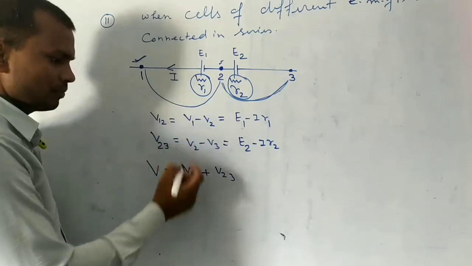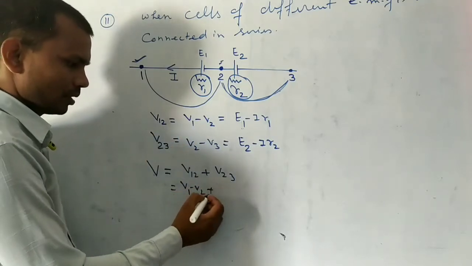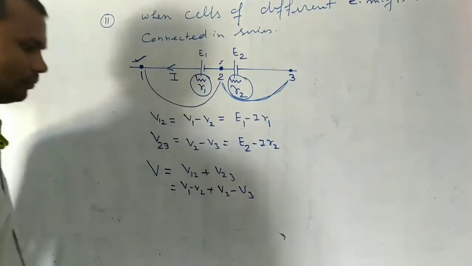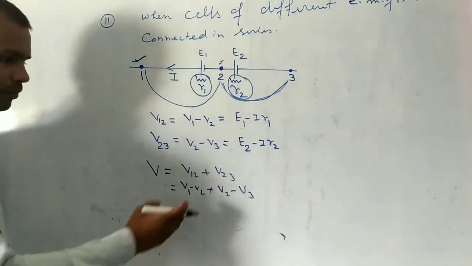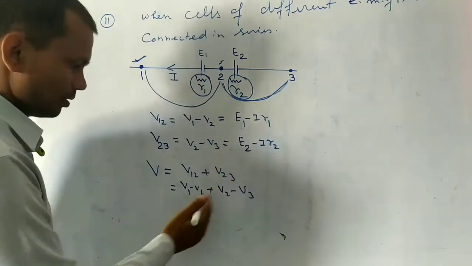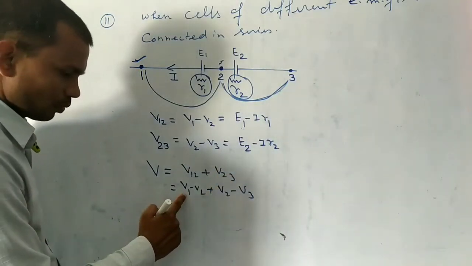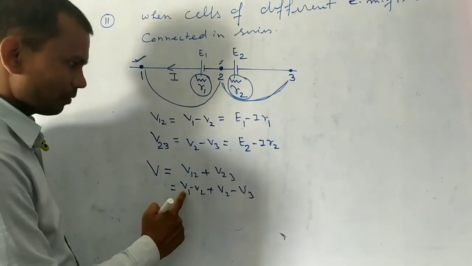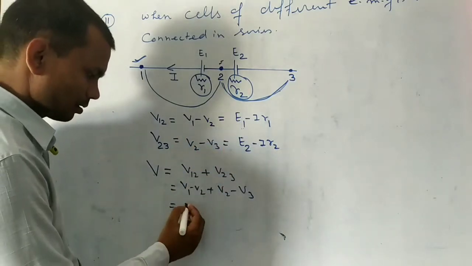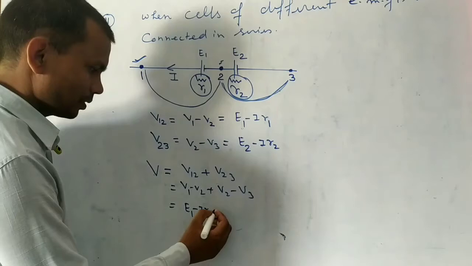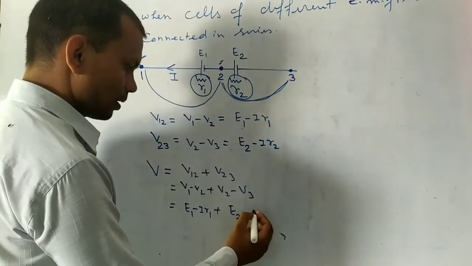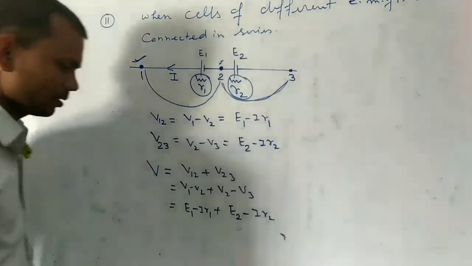So V12, this is V1 minus V2 plus V23, this is V2 minus V3. We are not going to cancel this and this, so simply you have to add V1 minus V2, this is E1 minus IR1, plus V2 minus V3, this is E2 minus IR2, right?